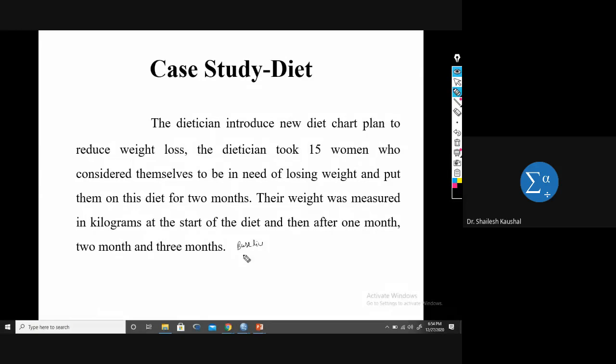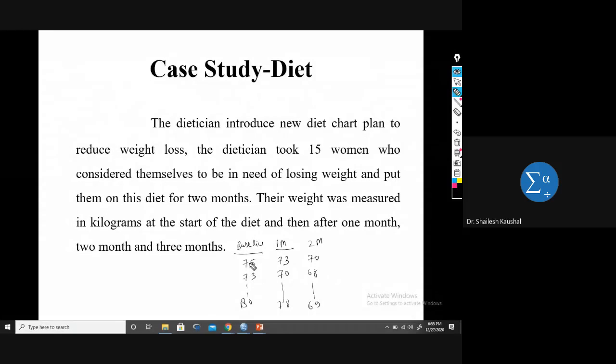This is the baseline weight. The baseline weight of the first woman is 75, another is 73, and the last woman's weight is 80. After 1 month, the weights are 73, 70, and 78. After 2 months, the weights are 70, 68, and 69.